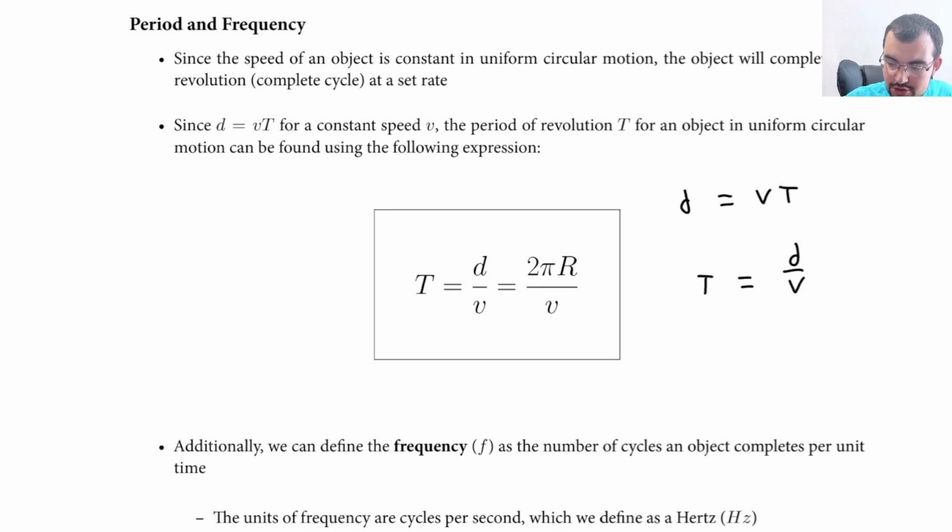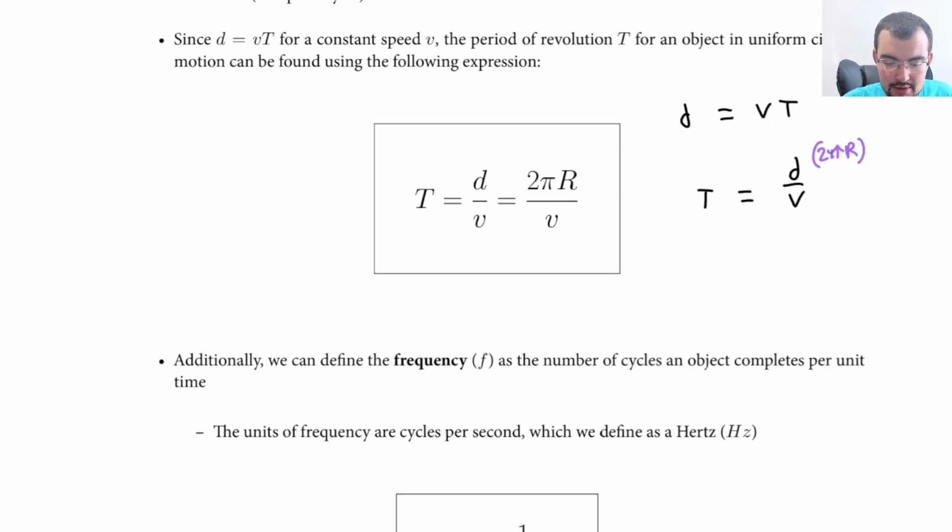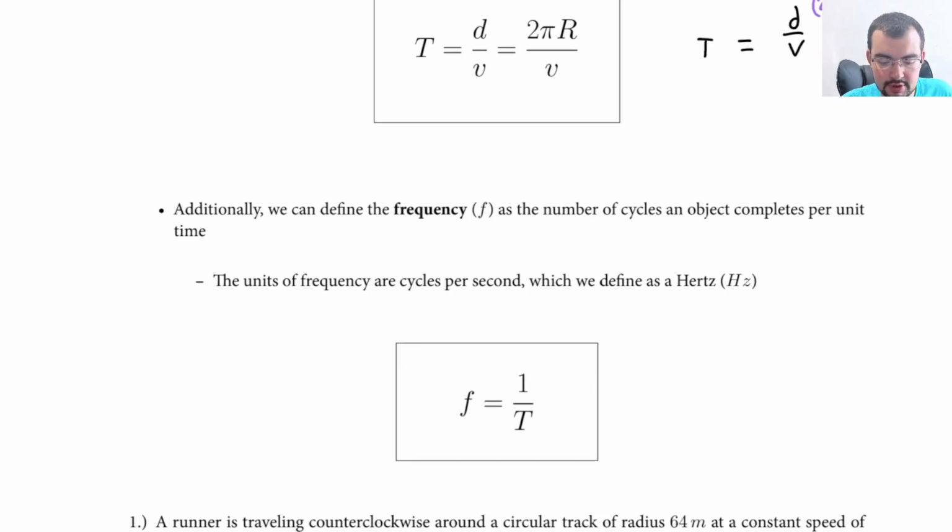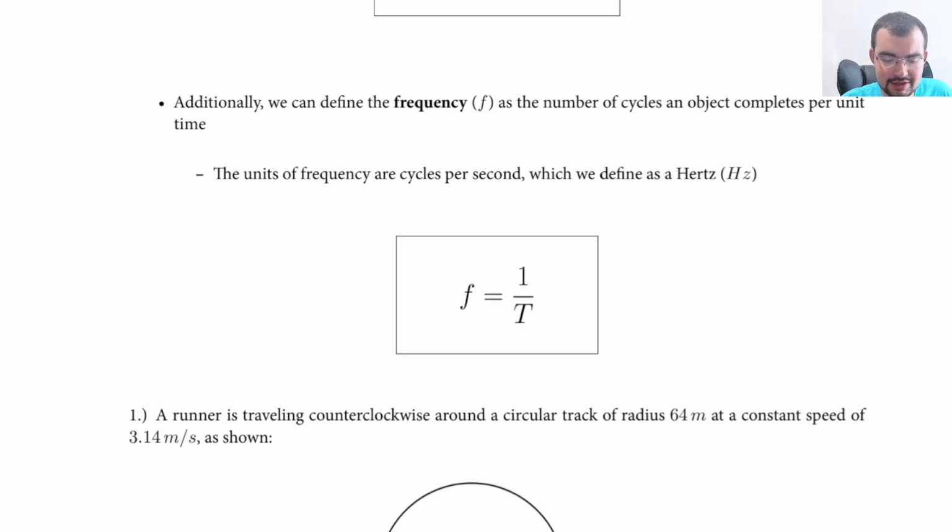And the substitution we can make, because we're on a circle, is that d is 2 pi r due to us traveling a circumference. So usually capital T is used to denote a period of revolution or a lap time. And also we can define something known as the frequency, which is not how long it takes you to do a lap, but instead how many laps you are doing every second.